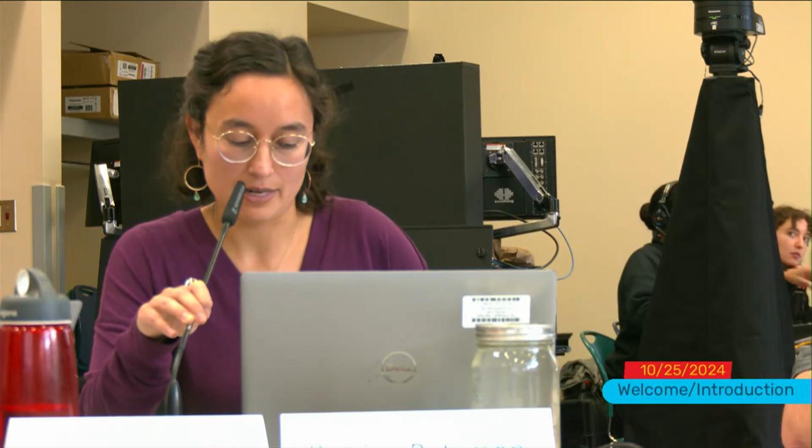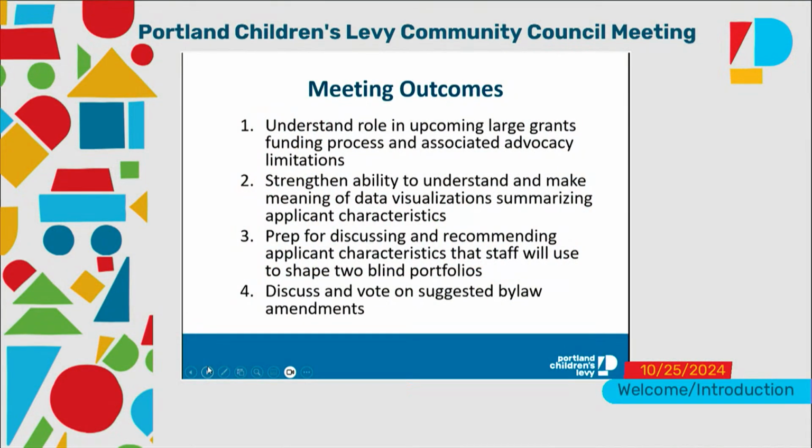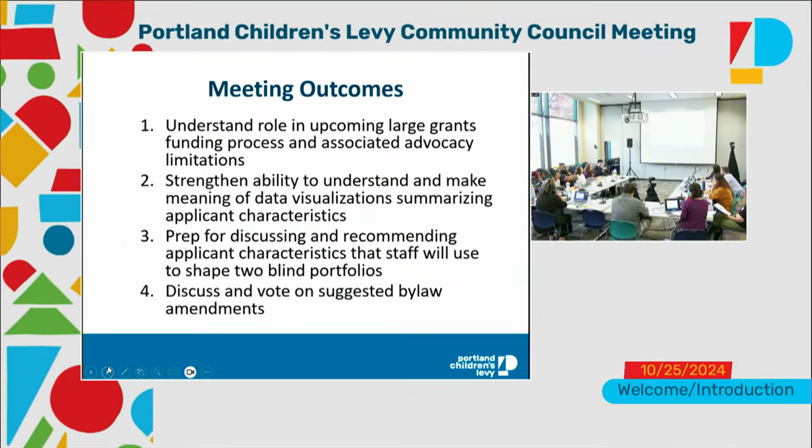So we have the meeting outcomes up on the slide right now. For today, we're hoping that you will leave understanding your role in the upcoming large grants funding process, as well as the advocacy limitations associated with your role.